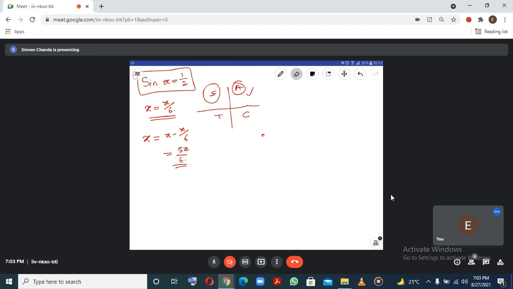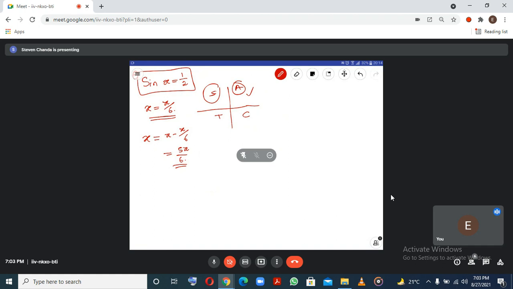But again, you can start looking at values such as, what if we have a value such as, let's say, 390 degrees. How are you getting 390?